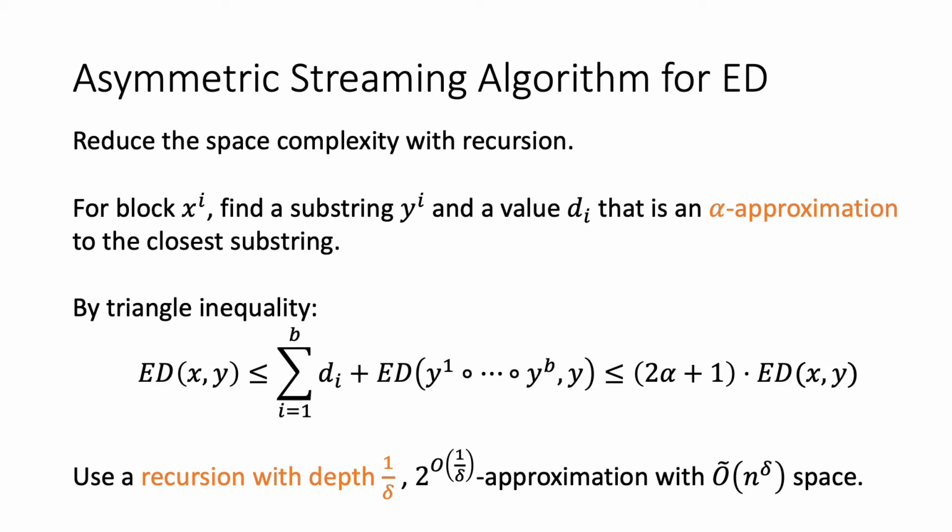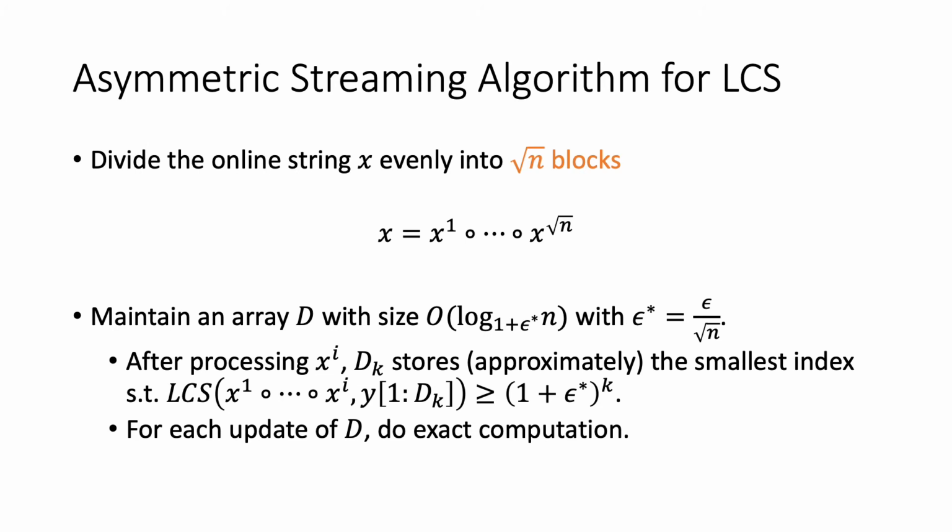In that case, we find the closest substring exactly. The depth of this recursion is 1 over delta, and for each recursive level, we lose a factor of 2 in the approximation factor. This gives us a 2^(O(1/delta)) approximation with roughly n^delta space. So that is our algorithm for edit distance.